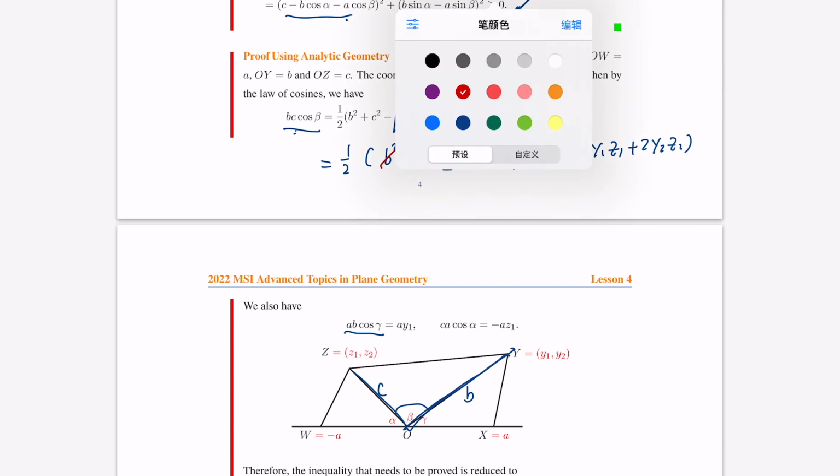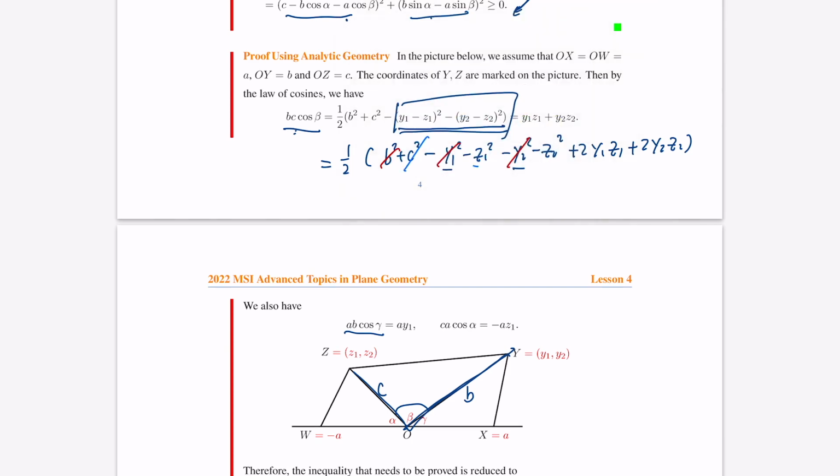And you will see that the c squared cancels with this. So everything cancels with everything. You are left with a very nice expression, y1z1 plus y2z2. So that's for BC cosine beta. And if you use the law of cosines again for the other two triangles, you would get AB cosine gamma is ay1, and the other one is negative az1.